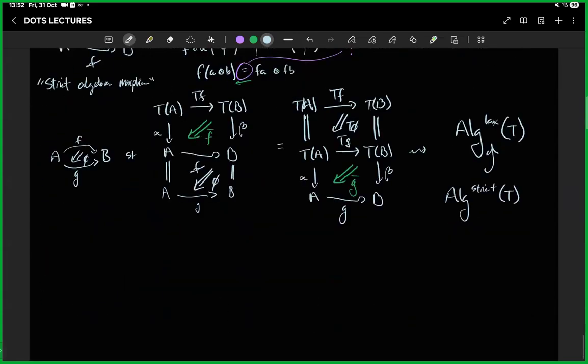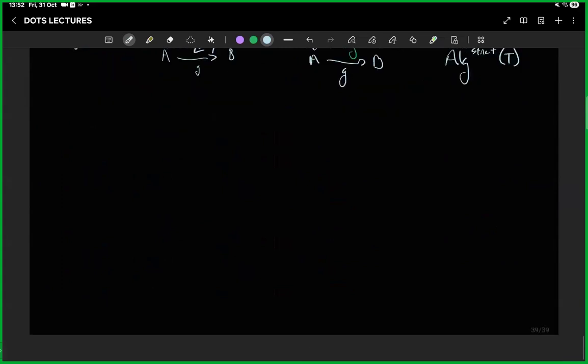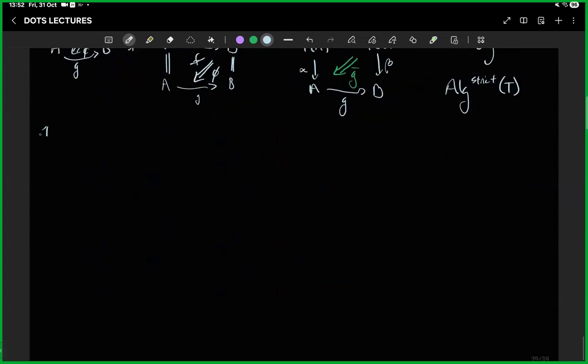Okay, so this is algebras and lax morphisms. So now we're going to step back into one categories, and we're going to look at subobject classifiers. Or maybe the idea of classification more generally, but really we're just going to focus on subobject classifiers.